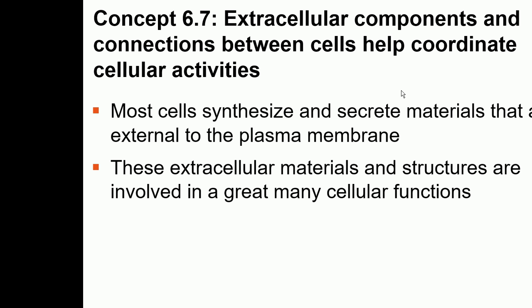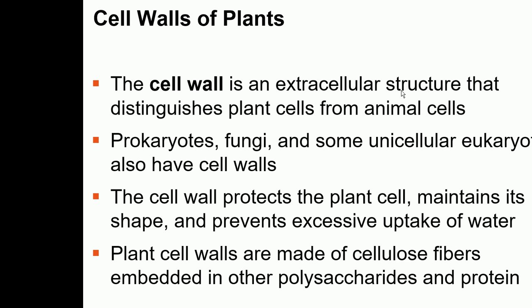First, let's talk about the cell wall in plant cells. The cell wall is not only present in plant cells, it's also present in bacteria. I showed you in the last video that most bacterial cells have a cell wall. Even fungi have a cell wall, and plants have a cell wall.